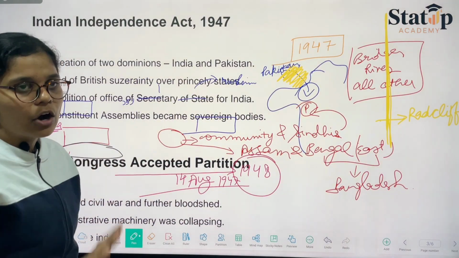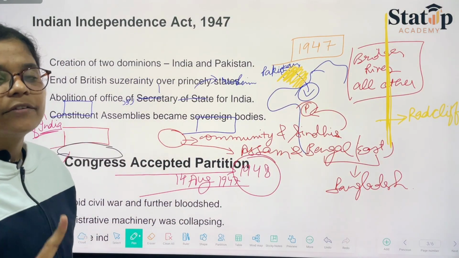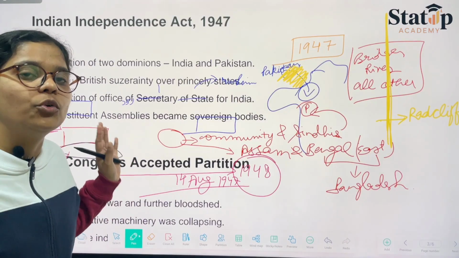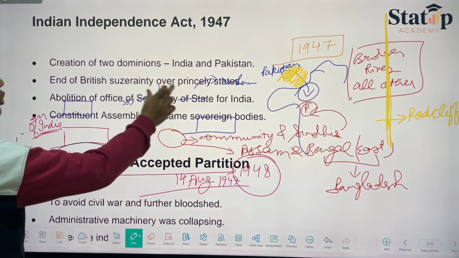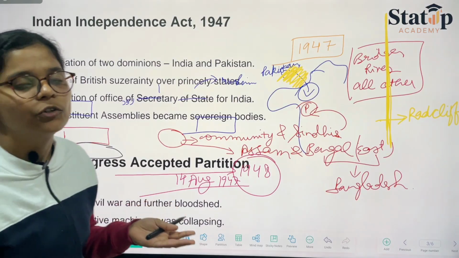But dominion now refers to what? Dominion refers to that we are our own leaders. Then, the end of the British suzerainty over the princely states, like I have told you.